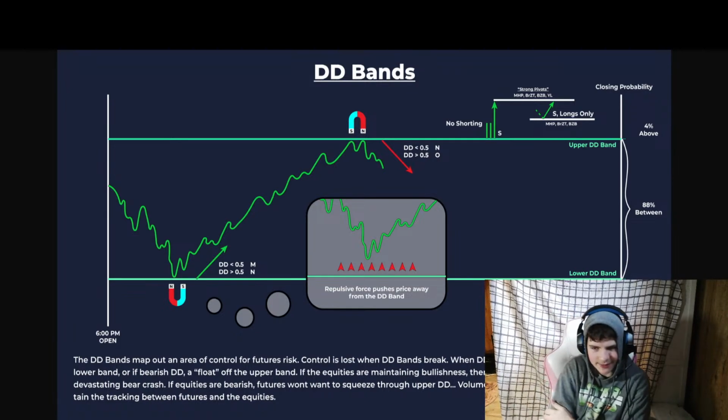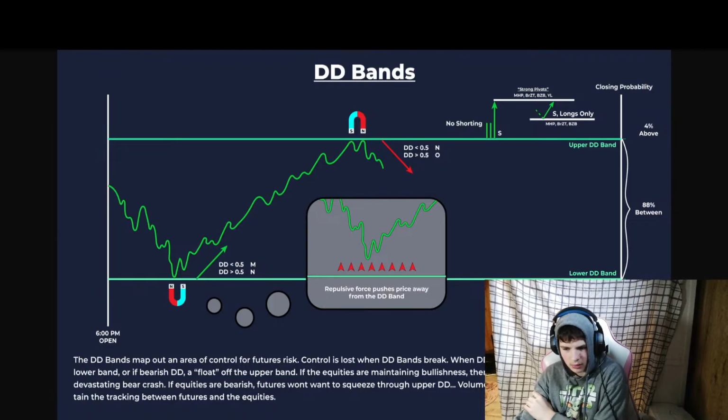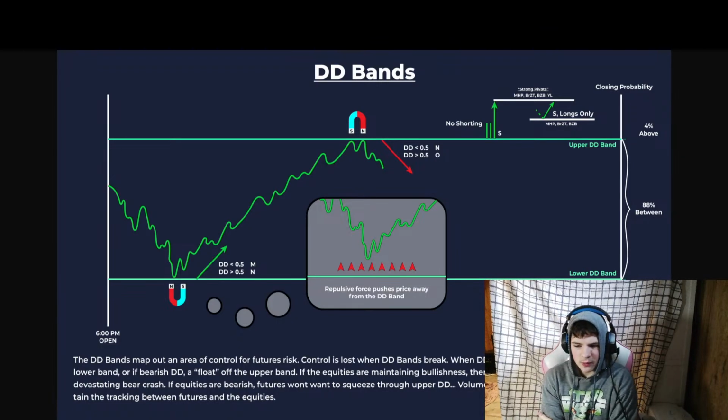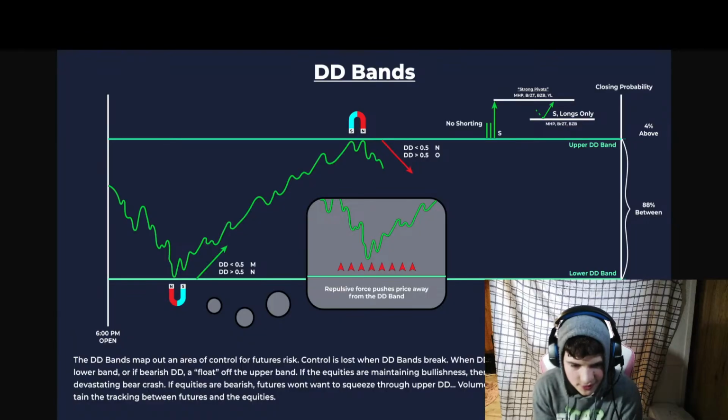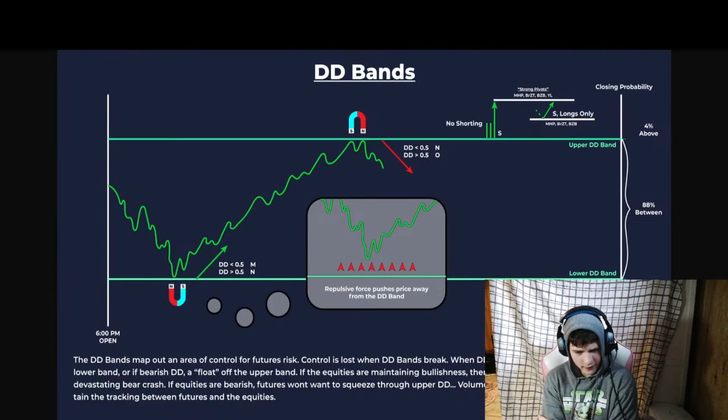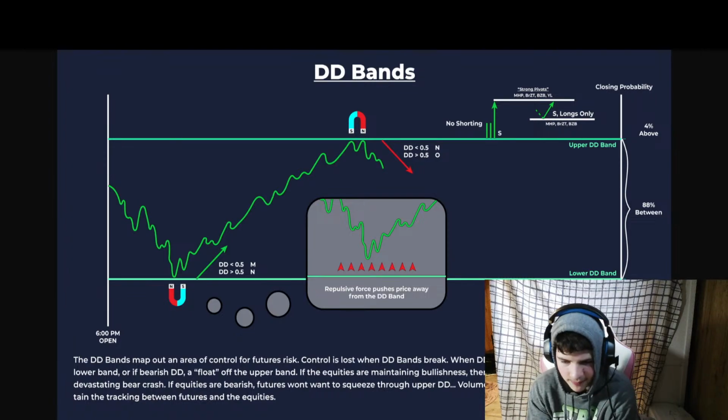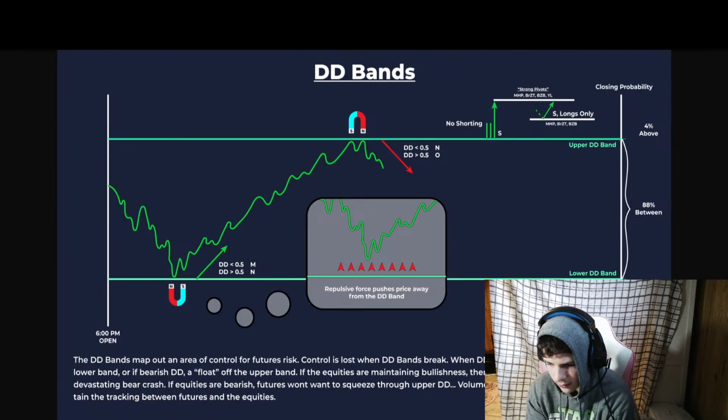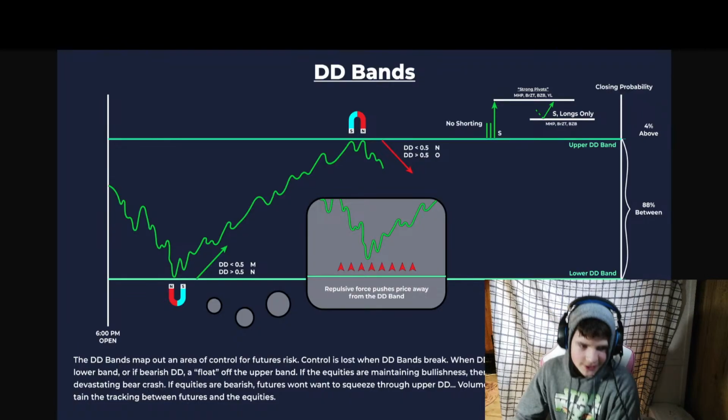Control is lost when DD bands break, so when the market breaks below. When DD ratio is bullish, there is a float off the lower band, or if bearish DD, a float off of the upper band. If the equities are maintaining bullishness, then futures won't want to plunge into a devastating bear crash. If equities are bearish, futures won't want to squeeze through the upper DD band. Volume appears like a repulsive magnet to maintain the tracking between futures and equities.